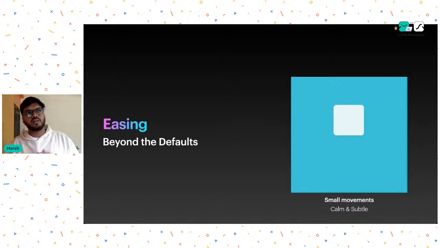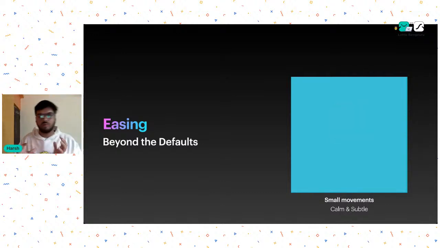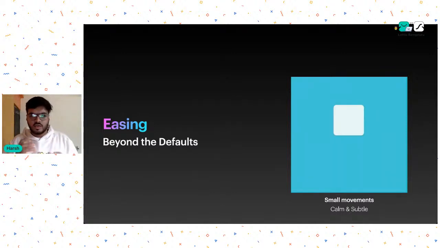Sometimes we feel that, okay, you said use easing, so I'll always use easing, but not necessarily. You don't always need to animate things a lot. Even if you have smaller movements, you saw that in both the previous examples, we were just moving things from down, and they were coming up, but we were not showing the whole trajectory of that element going in and coming out.